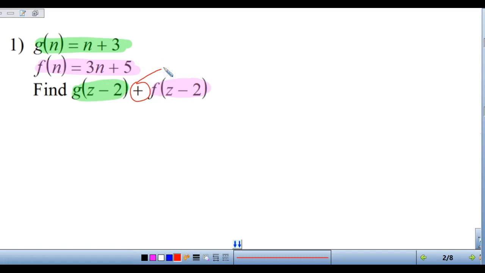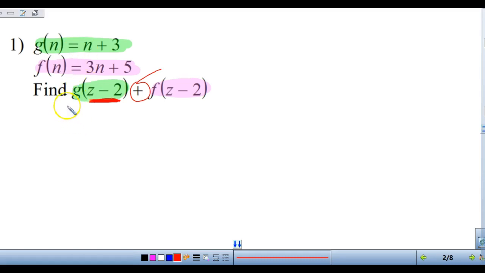So these first few are a little complicated because what we're plugging in to g, z minus 2, is not just one number, it's an expression. When we plug an expression in, we're going to end up with variables in our answer because we're plugging variables in, so we're still going to have some variables in our answer, and we'll just simplify by combining like terms and things. So we still do it the same way.